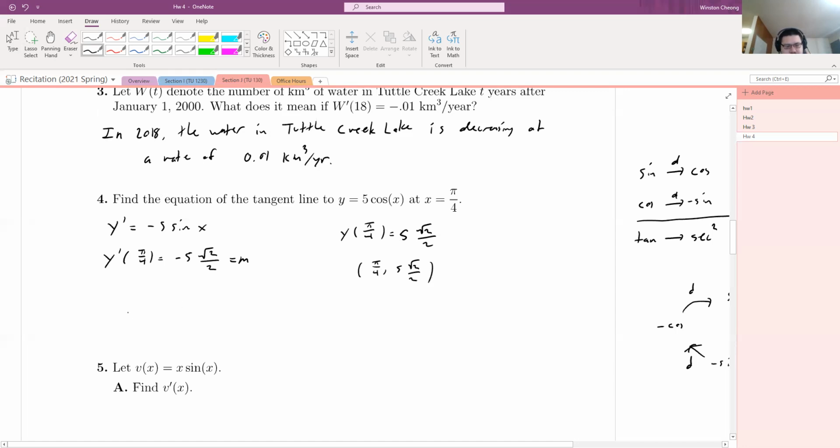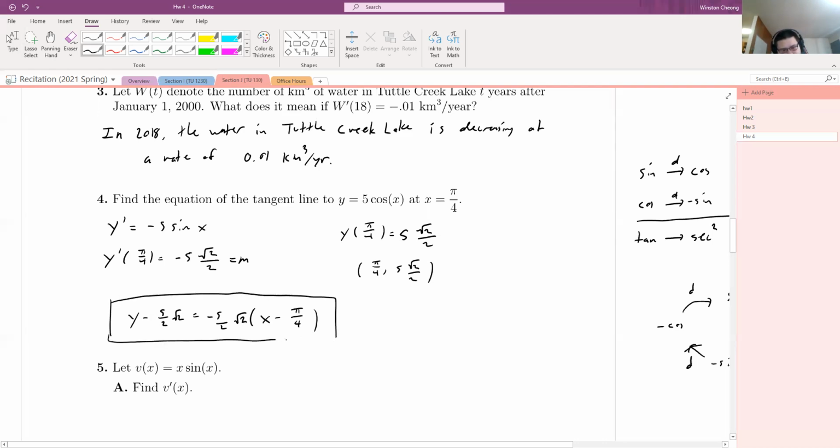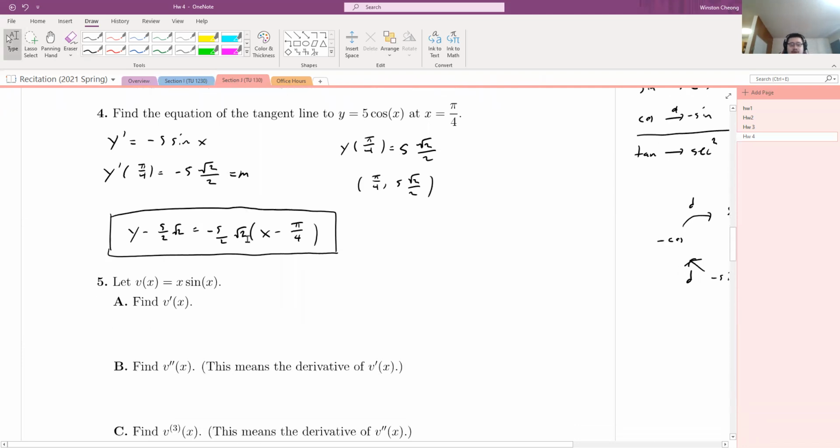And so when we write this in point slope form, we'll have y minus y naught equals m times x minus x naught, like so. And so this is the answer the problem is looking for.